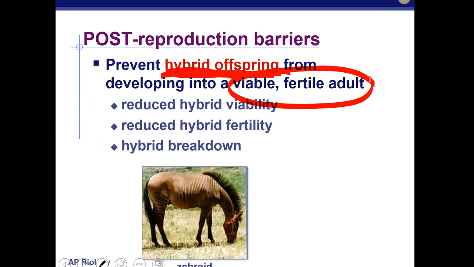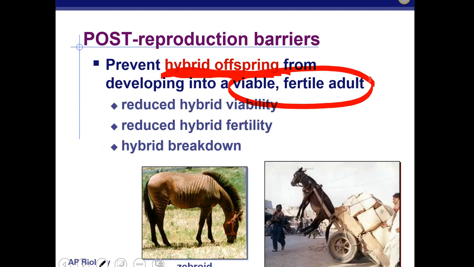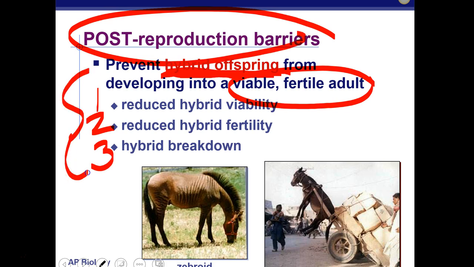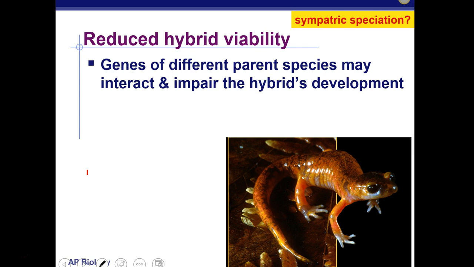The three types of post-zygotic barriers are reduced hybrid viability, reduced hybrid fertility, and hybrid breakdown. So these are the three post-reproductive barriers. Again, they've conquered those first pre-zygotic barriers. Sperm and egg came together, but it's not going to be a good thing.